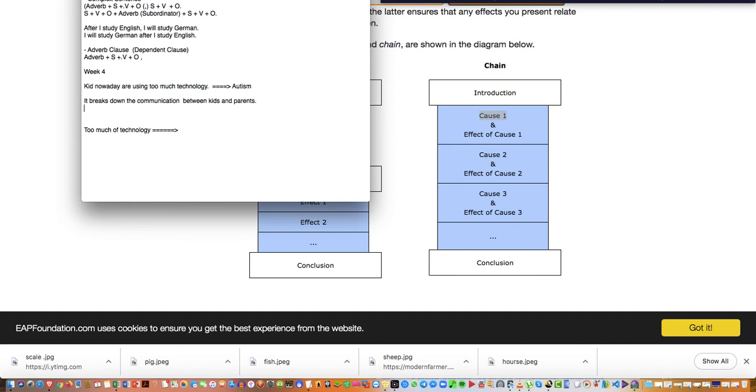For example, you put that as a cause, and then you say, while kids are spending too much time with mobile devices, they don't really have time with the parents. And parents normally do this: every time their kid is crying, they just pass them the mobile device, thinking the kids will stop crying. So now you try to explain in more detail. Then this one becomes your cause, and then you explain the facts.